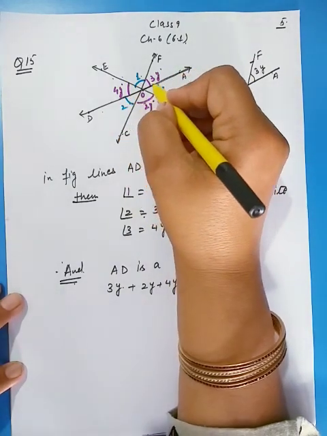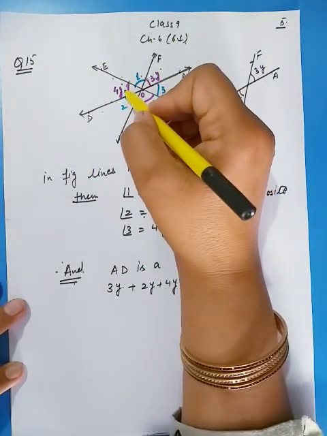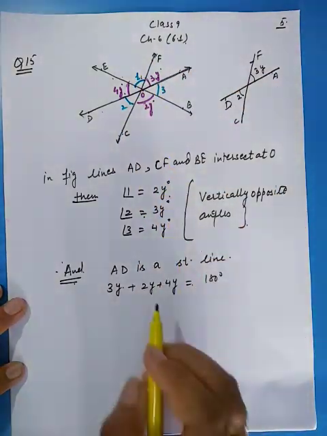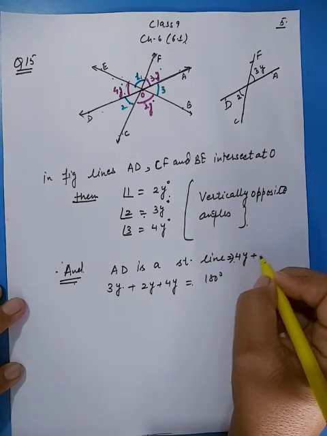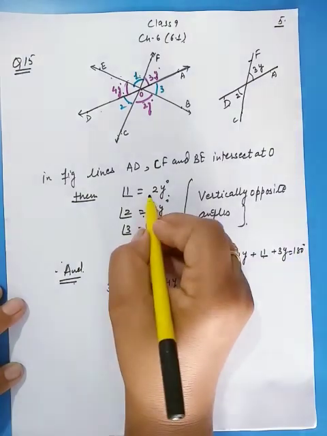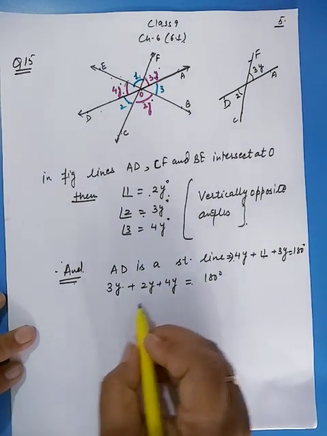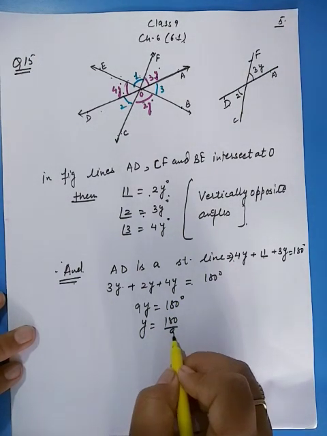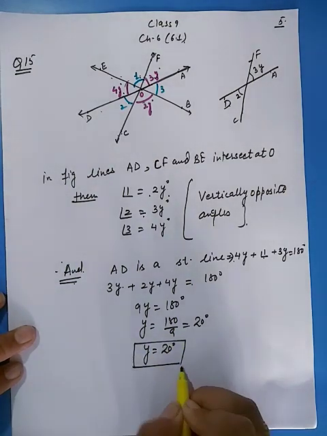So it means the sum of all the angles formed on AD will be 180. It means 3y plus 4y plus angle 1 will be of 180, but angle 1 we have proved equal to 2y. Here you can add one more line: 4y plus angle 1 plus 3y is equal to 180, but angle 1 is of 2y degree. So putting the value of angle 1 and now adding these, we get 9y is equal to 180 and y is equal to 180 by 9 is equal to 20 degree. Finally the y is of 20 degree.